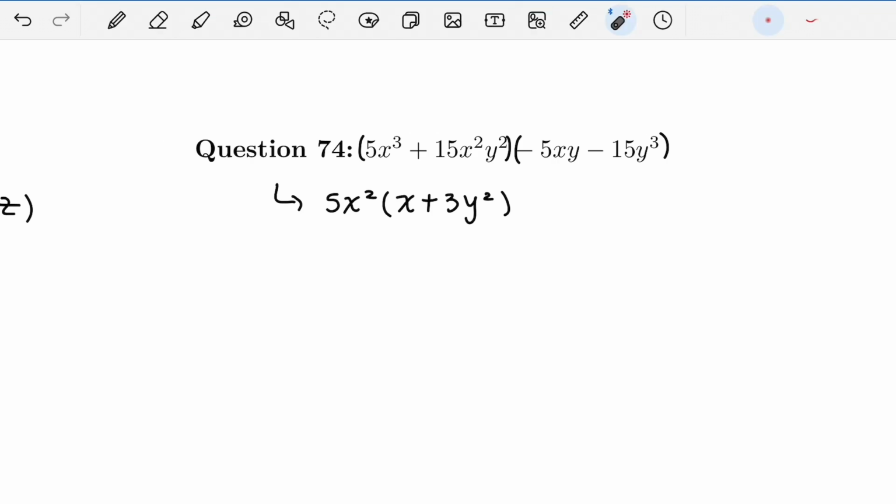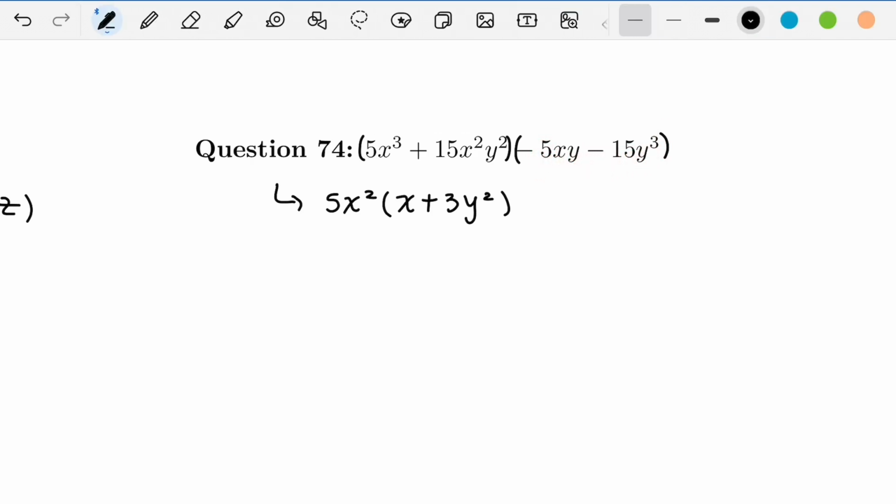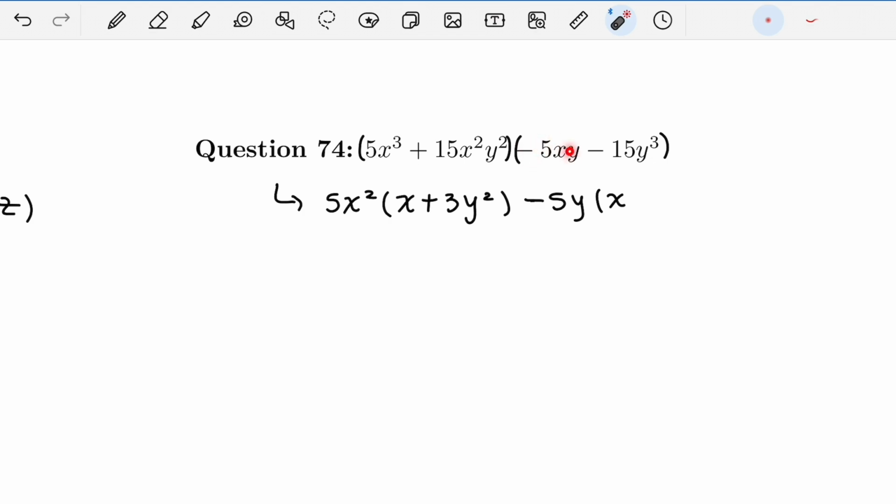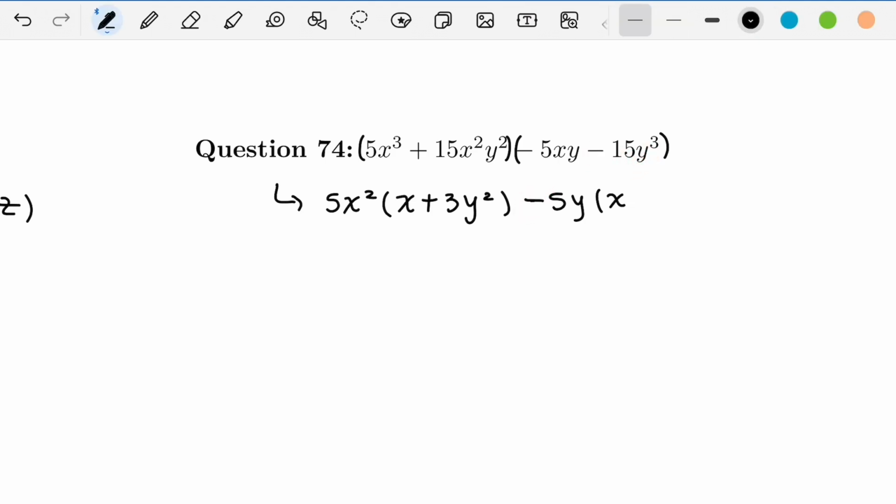Now for my second pair here, they share a common factor of minus 5y. So I'm going to pull out a minus 5y, and I'm going to be left with just a positive x for my first term, and then for my second term, this is going to be a positive since we're pulling out a negative, and then 3y squared.